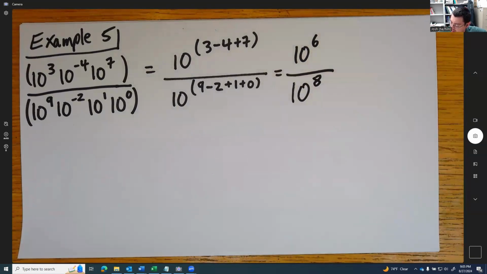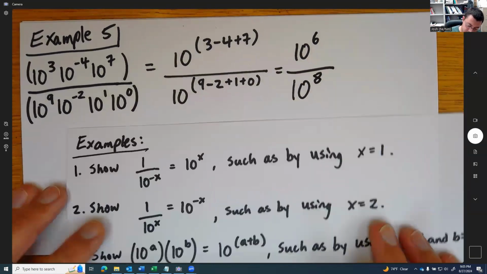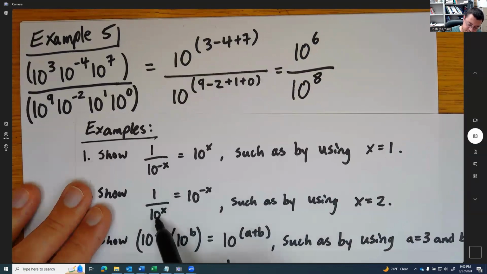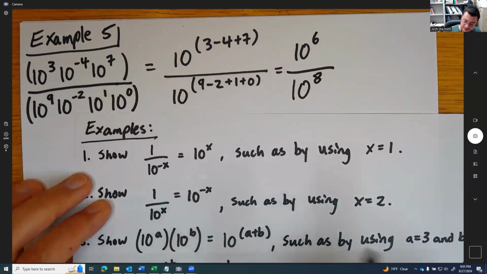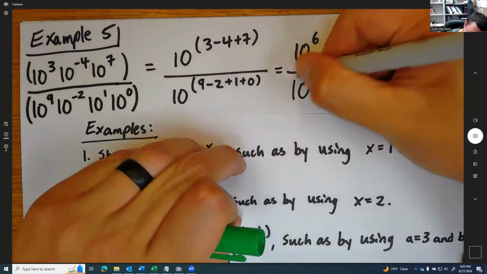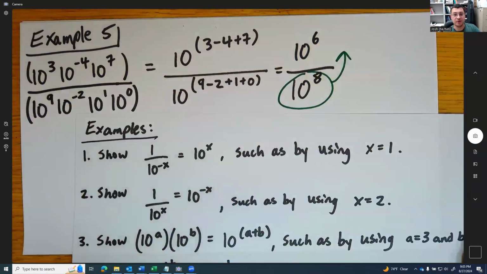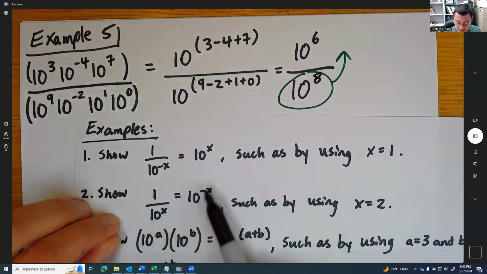So if we recall that 1 over 10 to the x is the same as 10 to the negative x, we can simplify this further by moving it up to the top, by turning it into the negative version of that exponent.